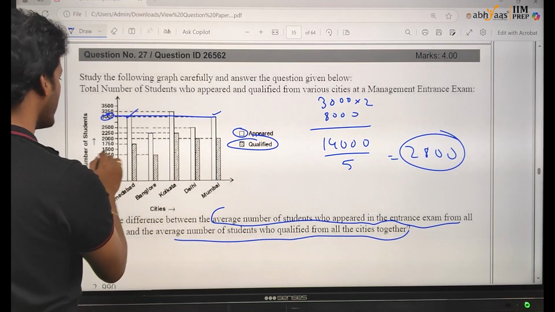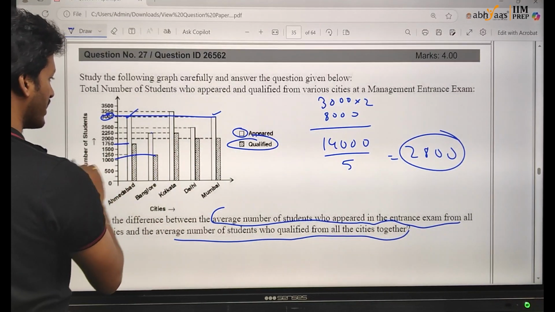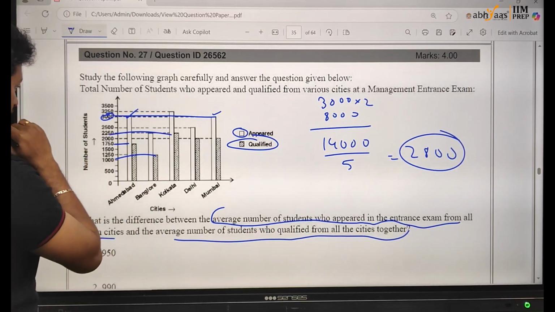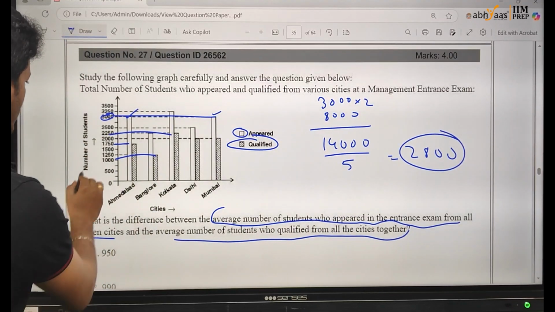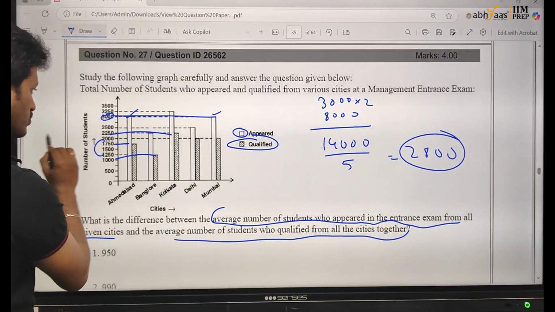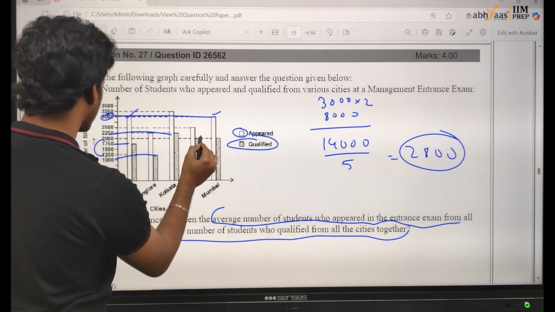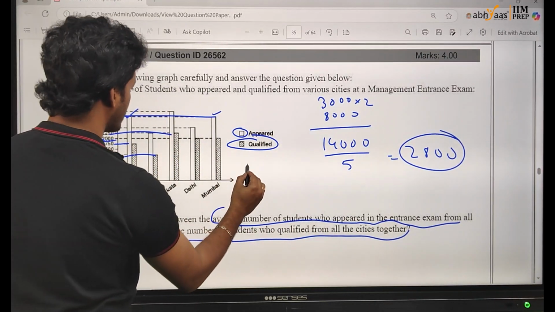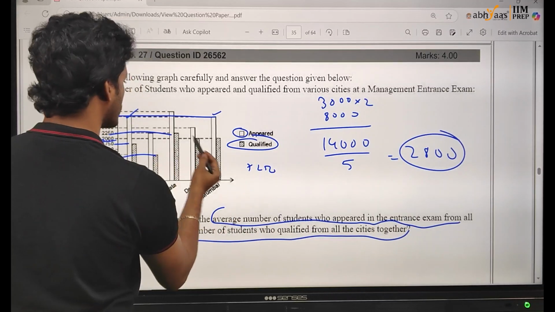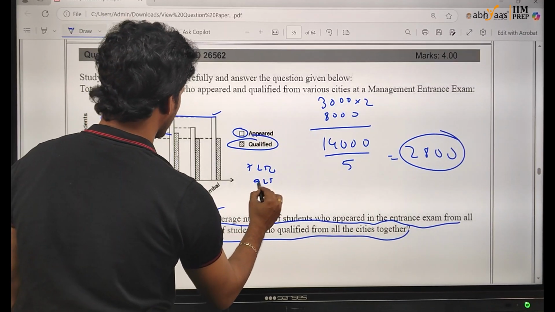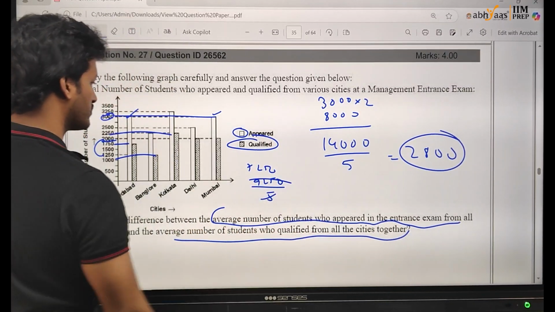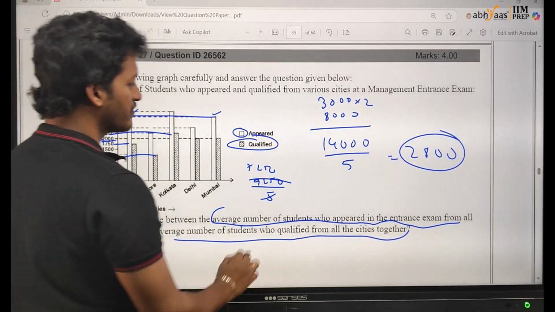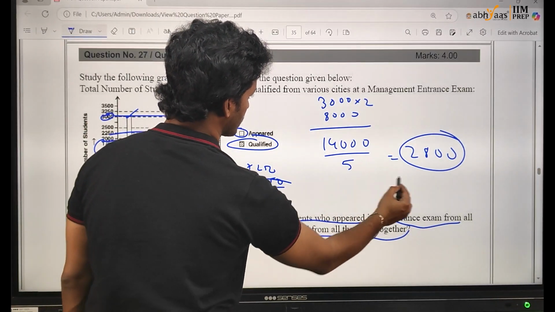Now how many have qualified? 1750, 1250, 2250. Add that. With this I'll get 3000. 3000 plus 2250 is 5250, and 2000, it's 2000, right? Yes, 2000. So it's 7250 and another 2000, it is 9250. If I divide by 5, from 2000 if I remove 150, how much is it?